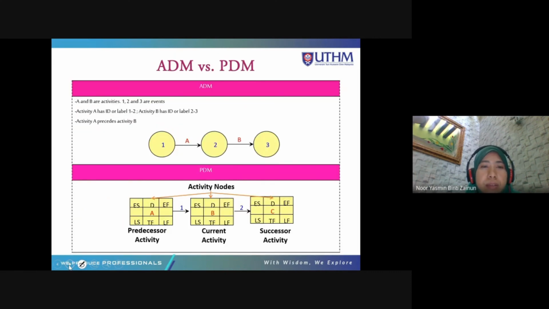Okay, so this is showing the relationship between activity A and B, which is A is the predecessor for activity B. Okay, and here also showing the similar relationship, which is A is the predecessor for activity B and C is the successor for activity B.